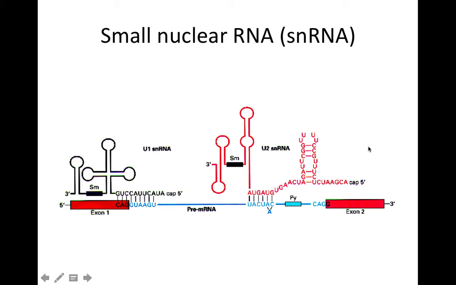There are also other types of RNAs that are worth looking into. An example is the small nuclear RNA, also known as the snRNA. The snRNA is important for post-transcriptional modification, because that's where it exerts most of its action.